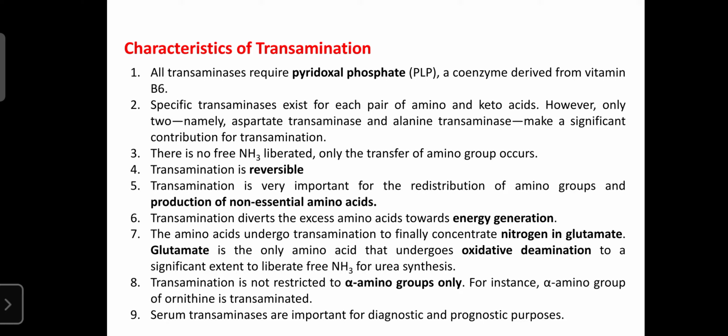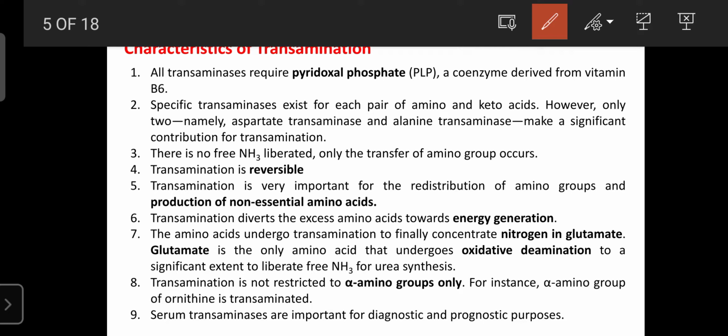That was the transamination. All transamination reactions are catalyzed by transaminase enzymes. They require pyridoxal phosphate as a coenzyme, and pyridoxal phosphate is derived from vitamin B6, the B complex vitamin that plays an important role in transamination reactions.